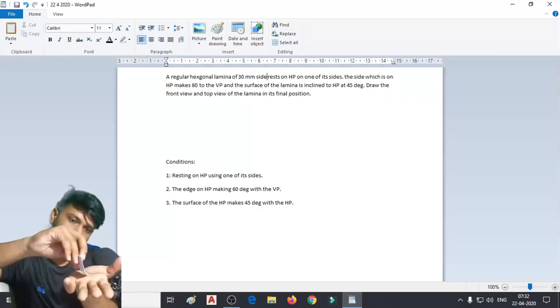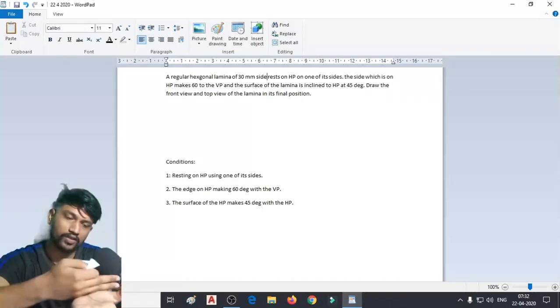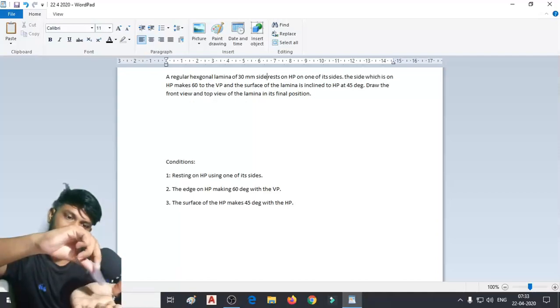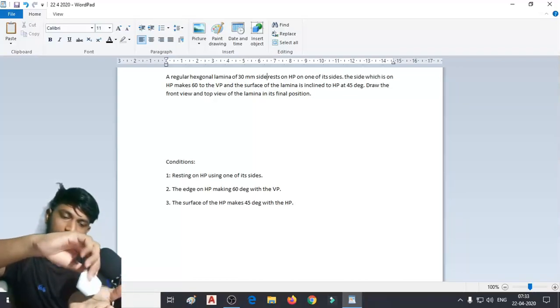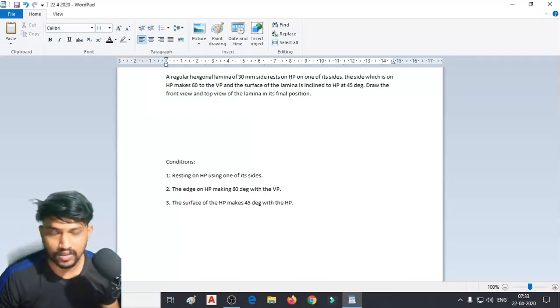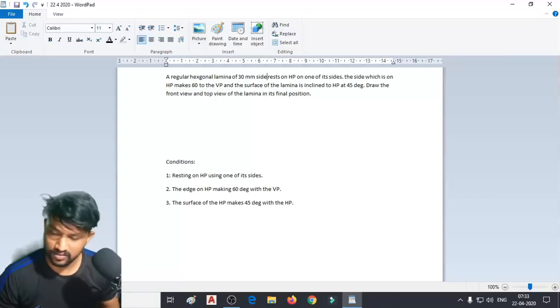With respect to the vertical plane, it is making a certain inclination. This particular edge here is making 60 degrees inclination. Here also it can make 60, and in this way also it can make 60. You can take it as you like, okay? Ultimately you will get the same projection, but they are like mirror projections.